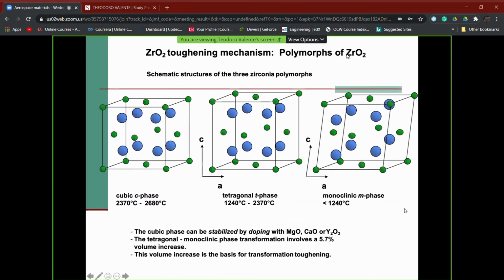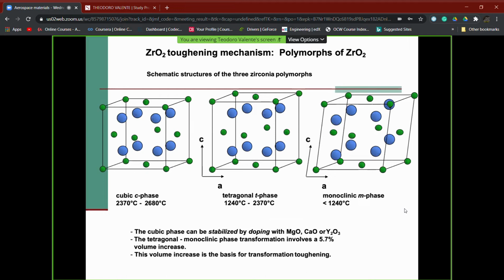Zirconia. So let's explain again, but perhaps in a more detailed way, why we use partially stabilized zirconia. And let's start with pure zirconia, without anything more added.